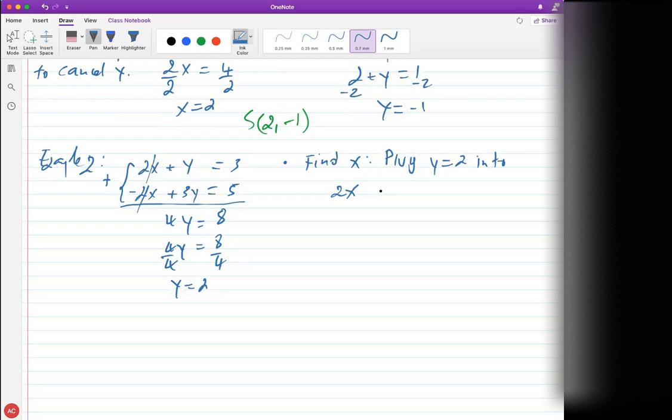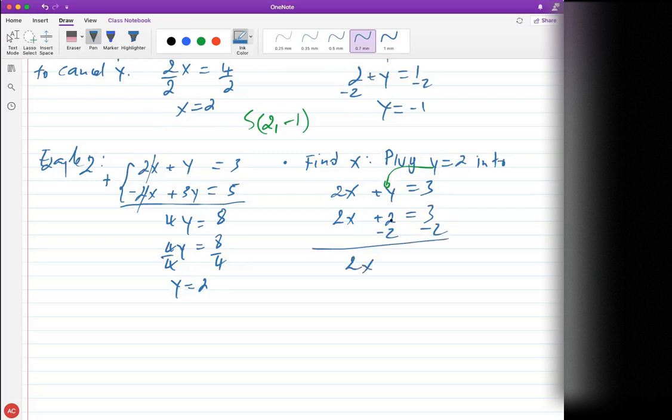So 2x plus y. Again, this y here goes into this. Y came from here. So 2x, y is 2. It's 3. Then we solve the rest of the equation.